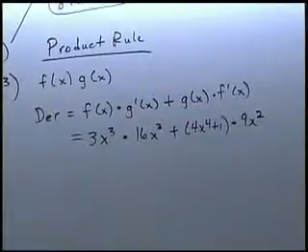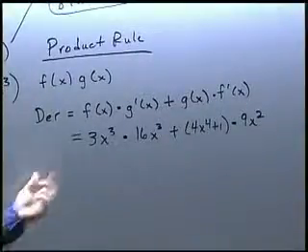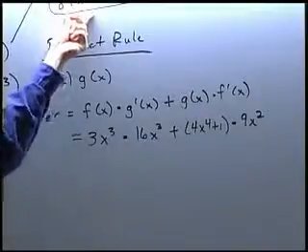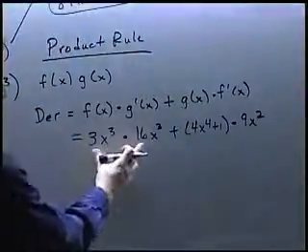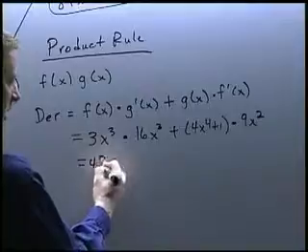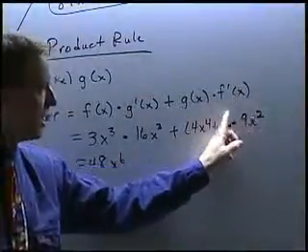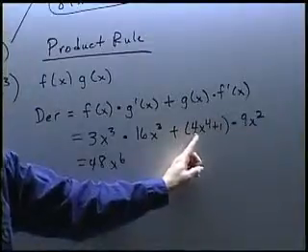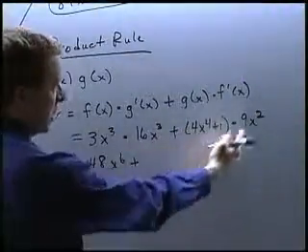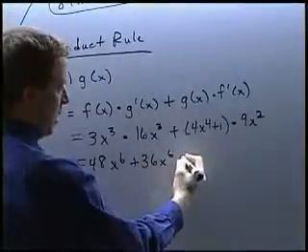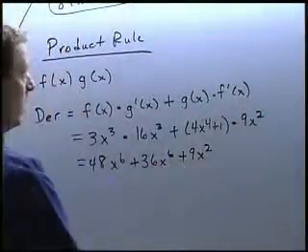Okay, now we just need to go through and clean this up a little bit. We'll probably have to put a couple of like terms together to try to get it to match up with this term up here. Okay, all right, these two together can make a 48x to the sixth. And if I distribute the 9x squared through the parentheses here, looks like I'll get 36x to the sixth and 9x squared.